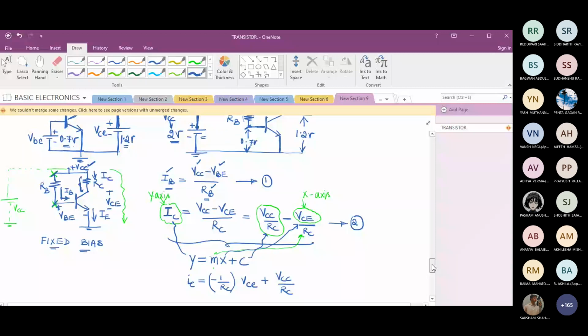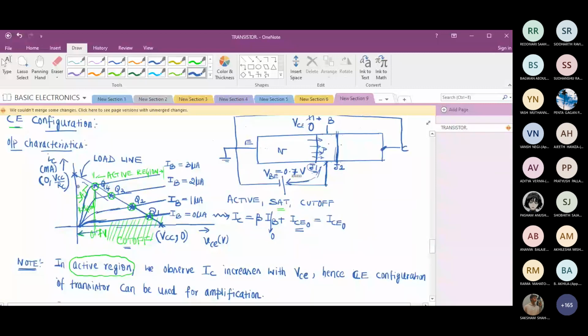I think I had drawn the load line. Yes, this is our load line. So if VCC starts varying, will these operating points Q4, Q3, Q2, Q1 be different? Will it start moving up and down? Yes, sir. That means the circuit is not stable.